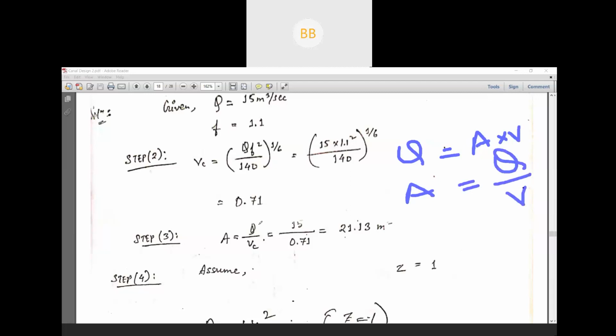So in this step we determine the area. The discharge is already known and the velocity we have already calculated in step number 2. Substitute here and you get 21.13 meter square.